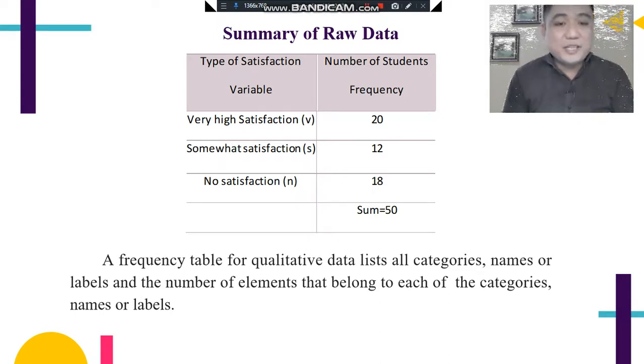A frequency table for qualitative data lists all categories, names, or labels, and the number of elements that belong to each of the categories, names, or labels.